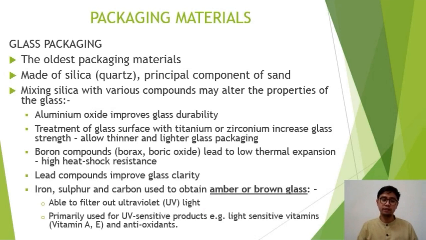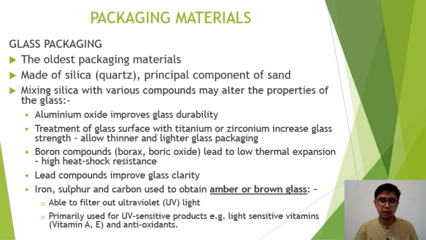And if the glass is treated with titanium or zirconium, it will increase the glass strength. And for high heat shock resistant glass, it is mixed with a boron compound such as borax or boric oxide.